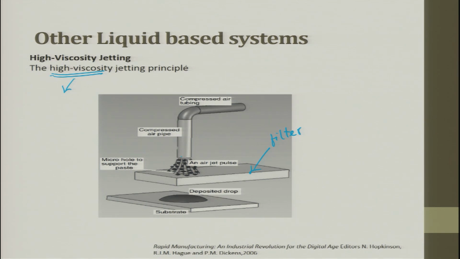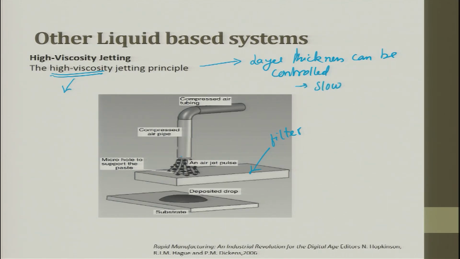So, what is the big advantage? The advantage is layer thickness can be controlled. It is a slow process. Okay, it is a slow process, layer thickness can be controlled.